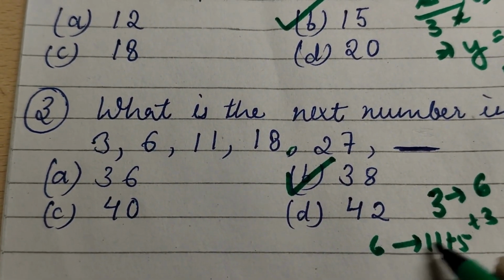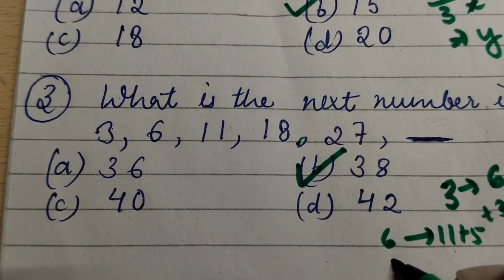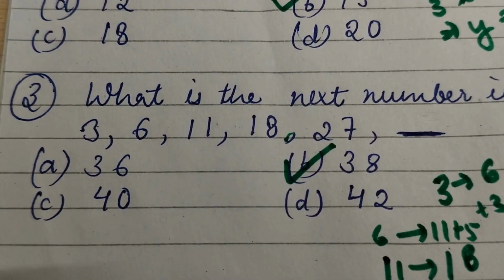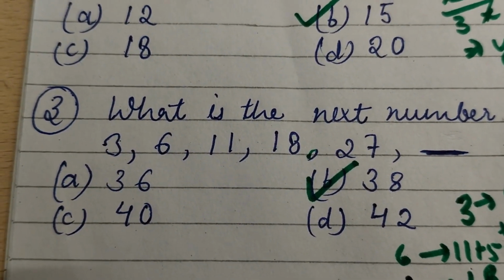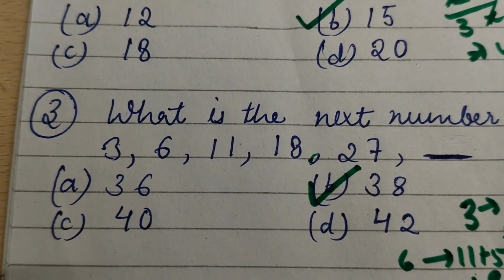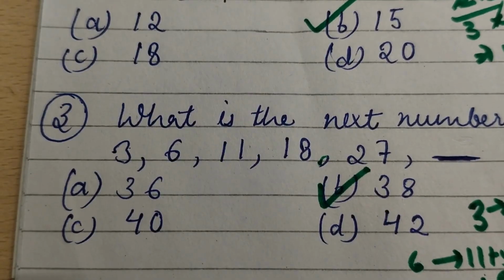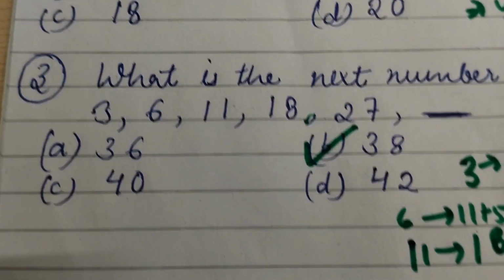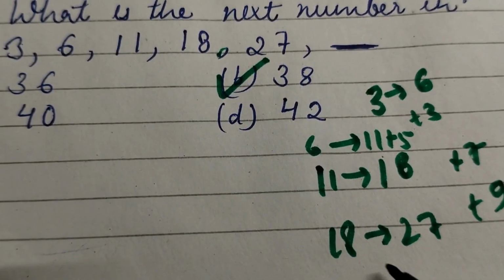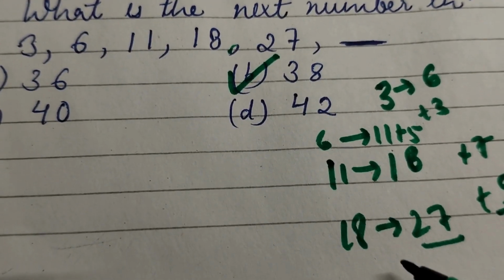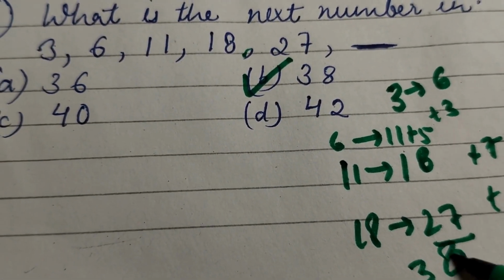The difference I'm saying. And from 11 to 18 we have plus 7 difference. So 18 to 27 we will have plus 9 difference. So the next would be 27 plus 9, which will be 38.